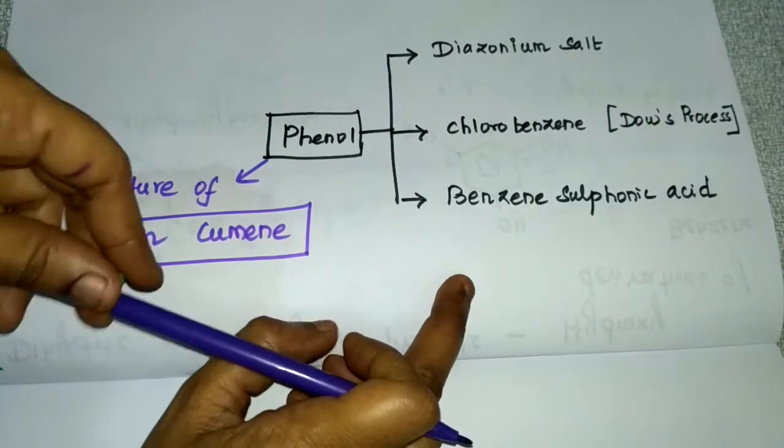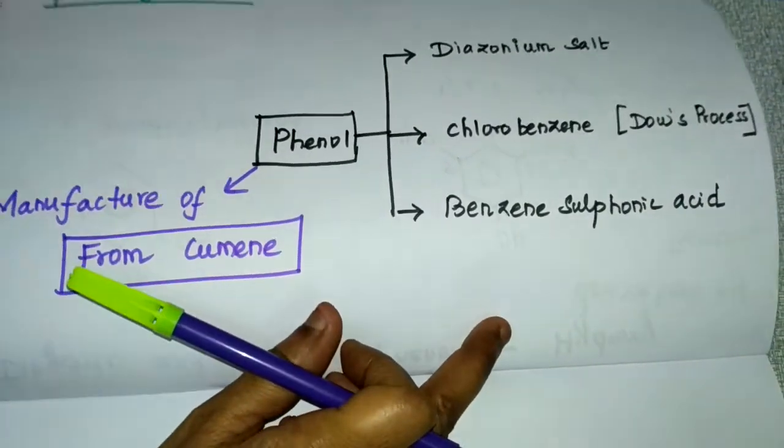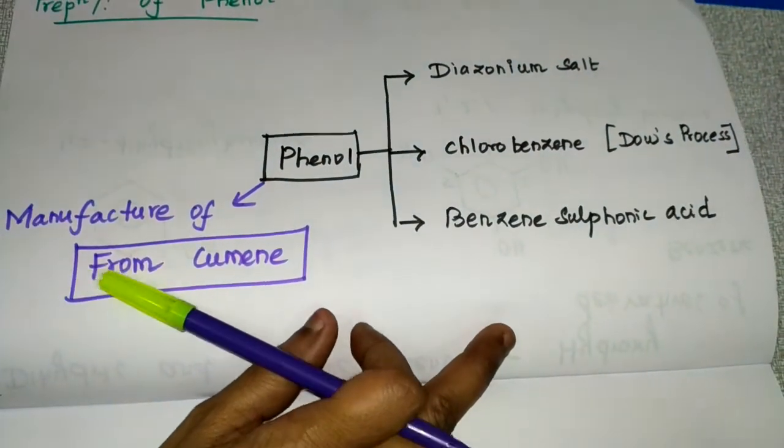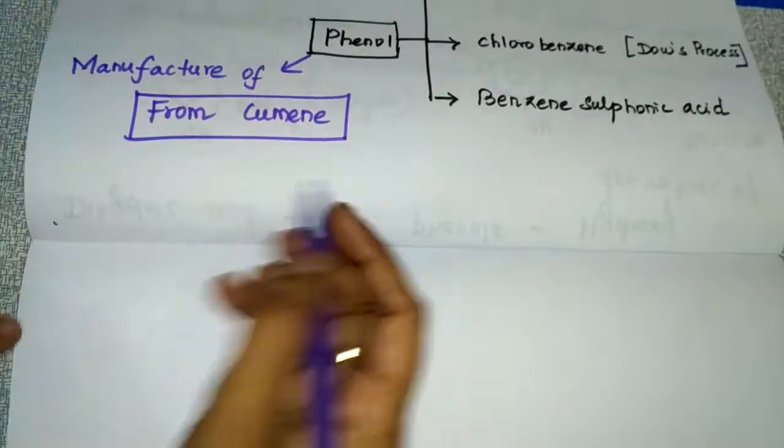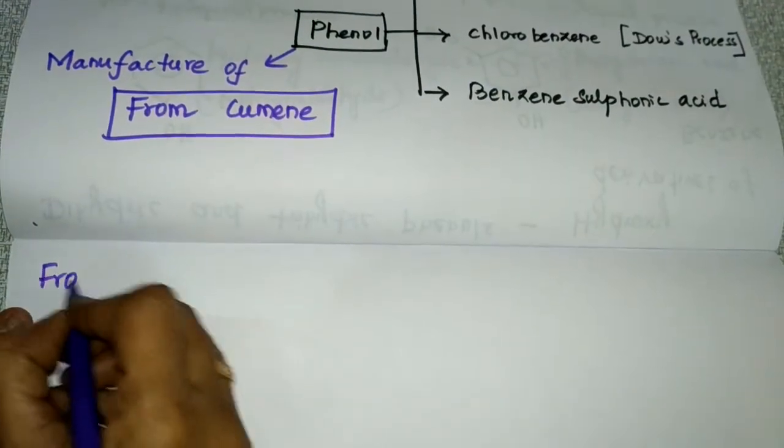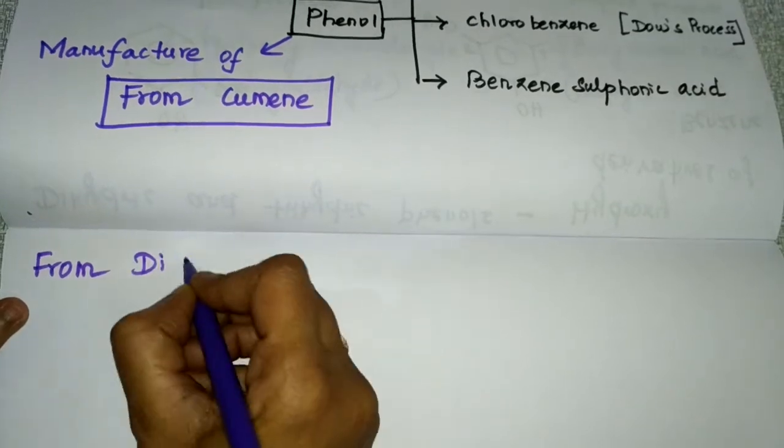So we'll see these methods one by one. First, we'll see the preparation of phenol from diazonium salt.